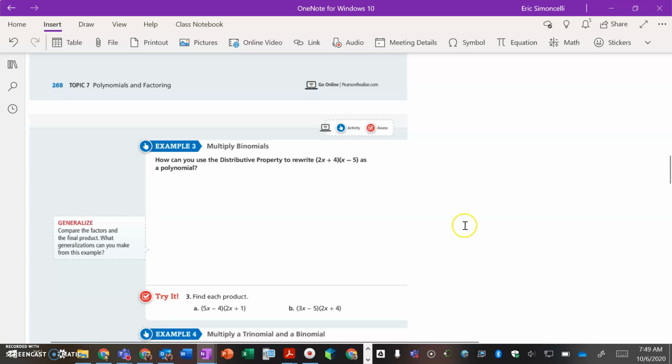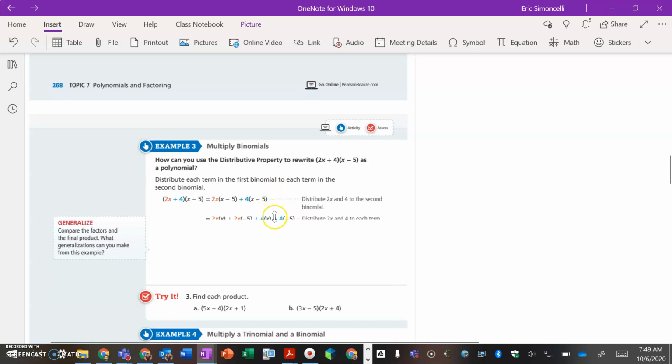Example 3, multiplying binomials. How can you use the distributive property to rewrite (2x plus 4)(x minus 5) as a polynomial? Well, distribute each term in the first binomial to each term in the second. So what we see here is a process of distribution wherein we're taking the red term, multiplying it by x minus 5.